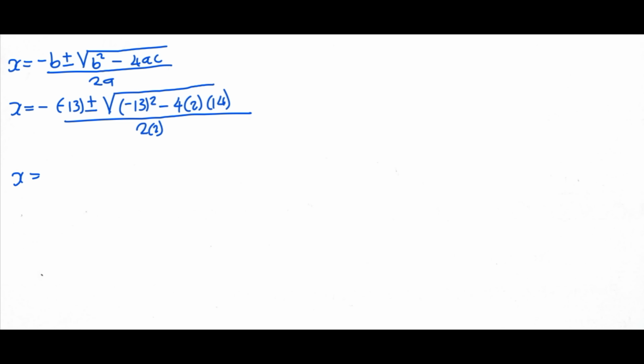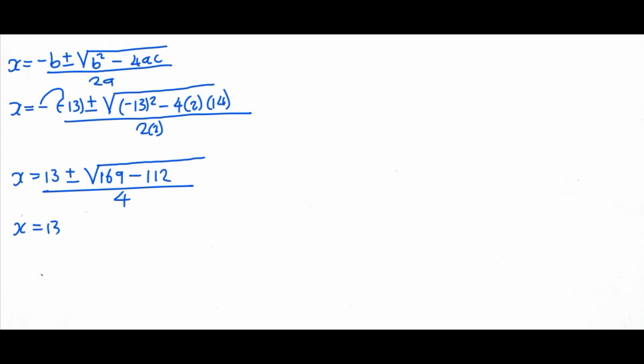So here we know that negative times negative is positive. 13 plus or minus, 13 squared is 169. Then 4 times 2 times 14, I'm getting 112 over 4.